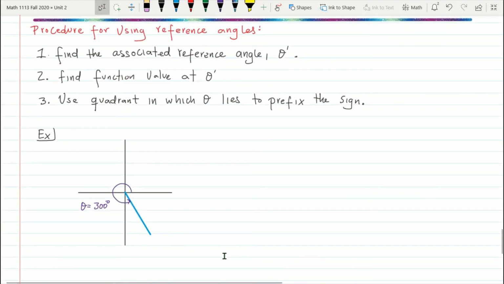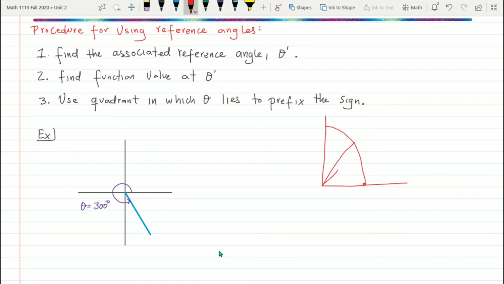Okay, so the procedure for using reference angles. The idea here is that you want to become very familiar with the first quadrant values of the unit circle.